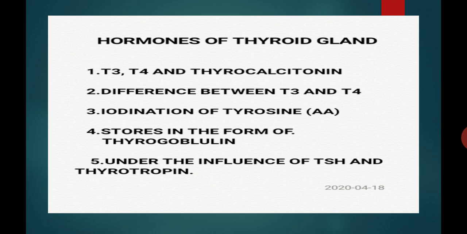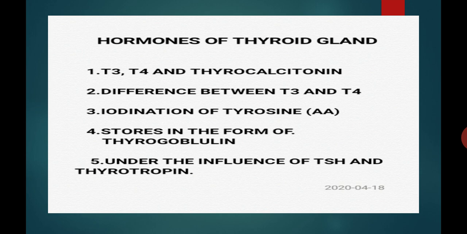Then under the control of one hormone called TSH, which is secreted by the pituitary gland, thyroglobulin, which is a mixture of T3, T4 and globulin protein, breaks up and T3 and T4 hormones are released into the bloodstream.